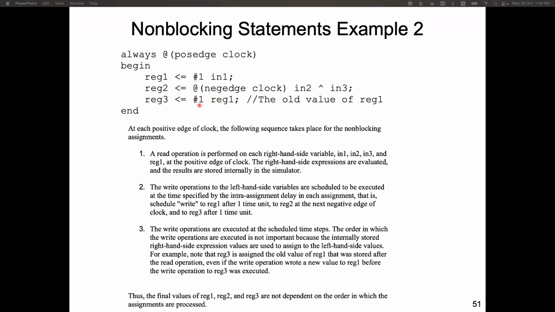Then after the scheduled time, this old value of register 1 is written into register 3. So this is not the updated value of register 1. All the right-hand side values are evaluated and read at the event first, then stored in temporary variables, then the assignments are done.